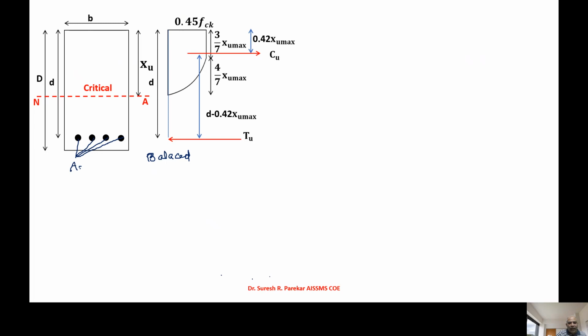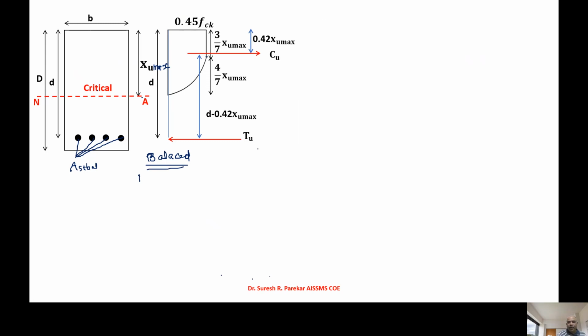Whatever axis we get, that axis is known as the critical neutral axis, and XU is XU max. Then we have 0.45 fck, just above your rectangular section. This is D minus 0.42 XU max. So this is for the balanced section.